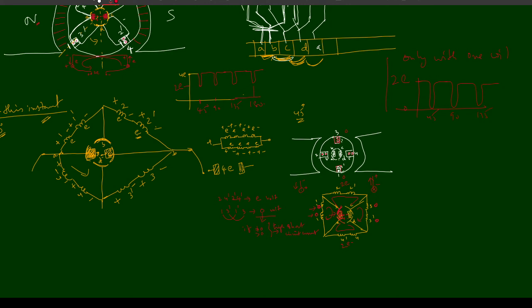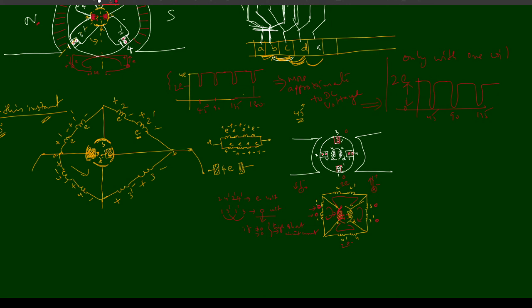So it was varying between 2E and 0. Now it is varying between 4E and 2E. So this is more approximate to DC voltage compared to this one.